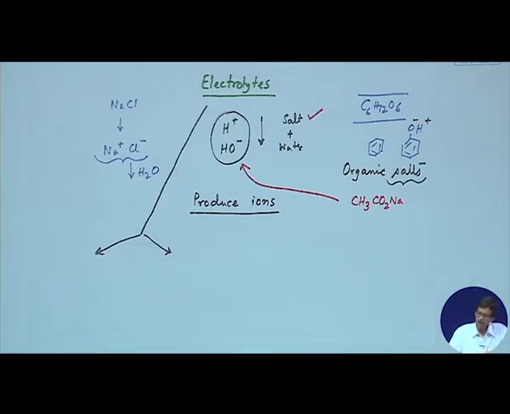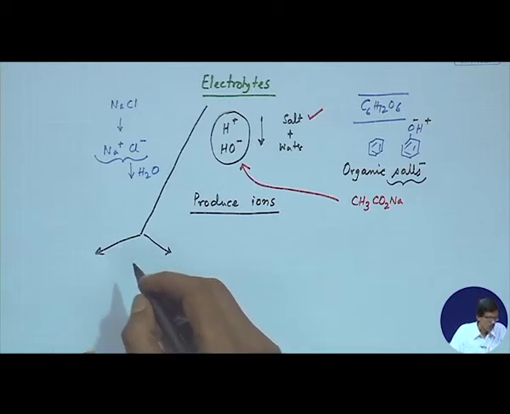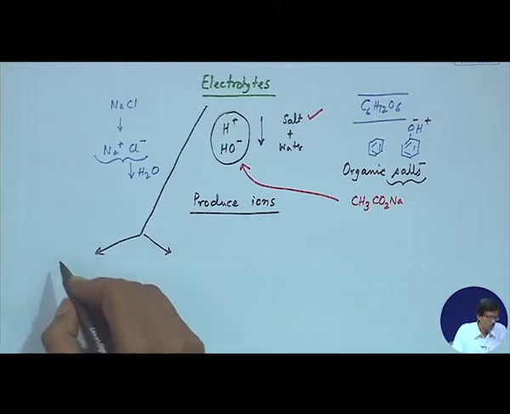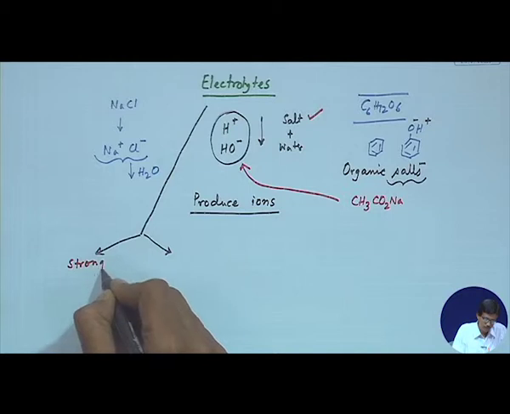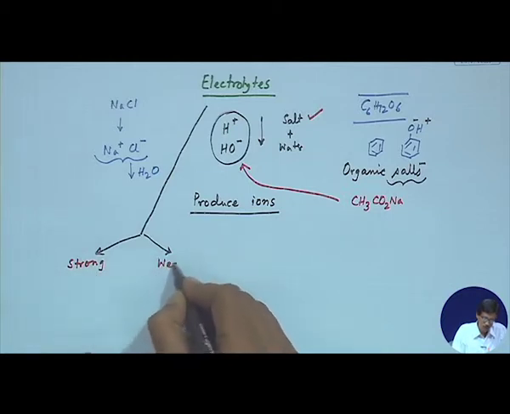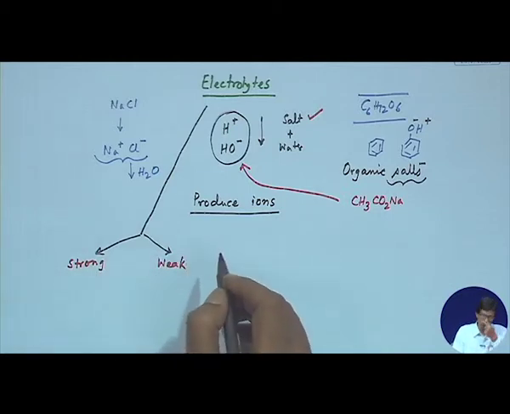How many of those ions are forming, and what are those ions? In this process, one will be a strong electrolyte and another will be weak. How do we know that?